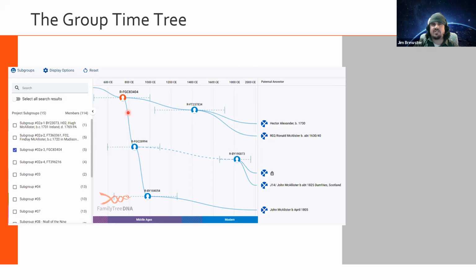Say this sample is 6,000 years old. Well, those 50 SNPs occurred in that 6,000 year period. So you're able to divide 6,000 by 50 and get an average rate of how many years or how many generations between each of the mutations.